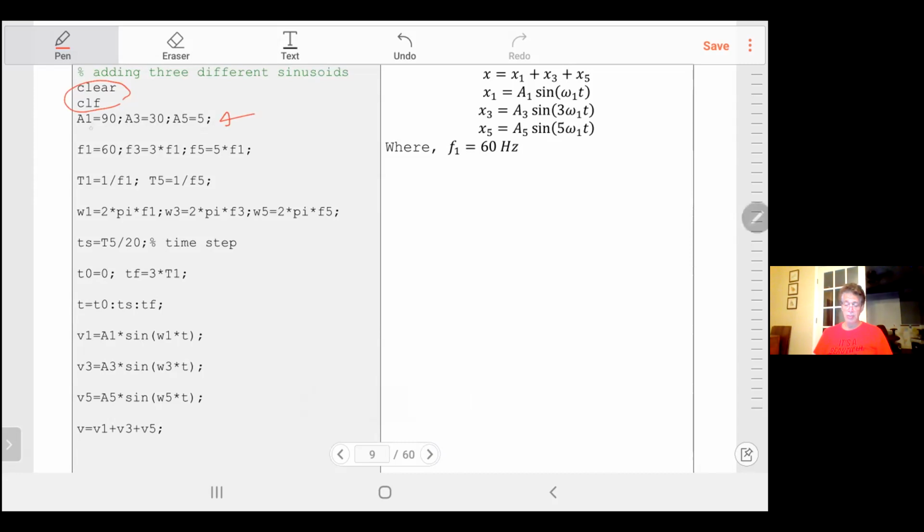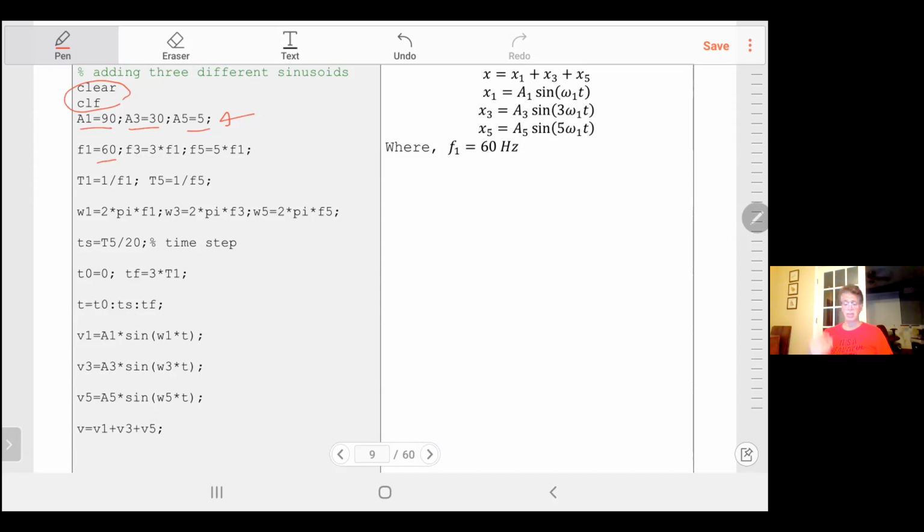Let's say volts, for example. The frequency F1 is the fundamental component for x1, and we assume it equals 60. For F3, I multiply 3 times F1, and so F5.